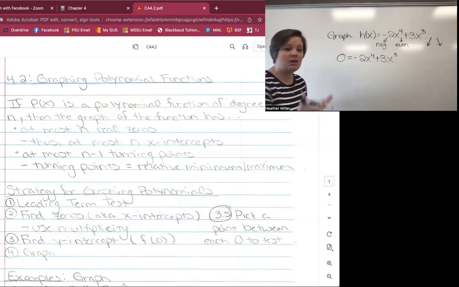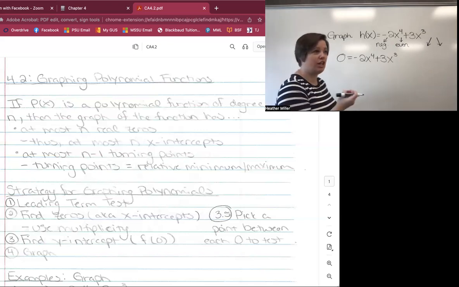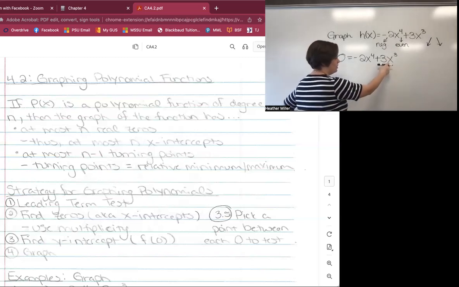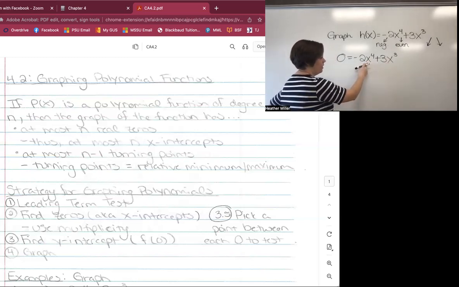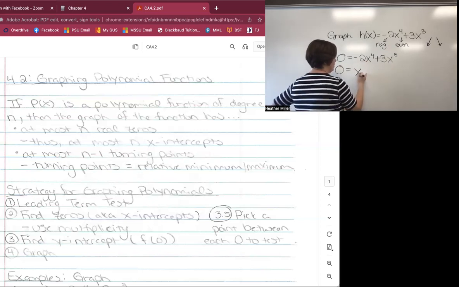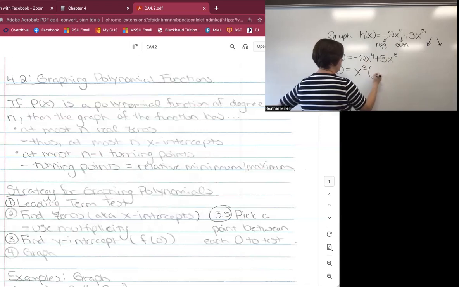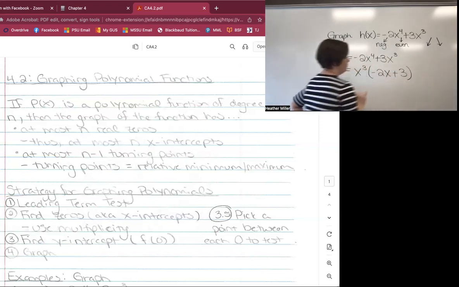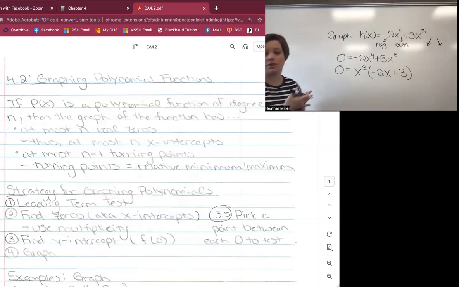Do they have anything that we can pull out that they share? Well, I know that we have an x to the third here, and I can take x to the third out of here because I have x to the fourth. So that would be 0 equals x to the third times negative 2x plus 3. I'm just factoring out what they have in common.